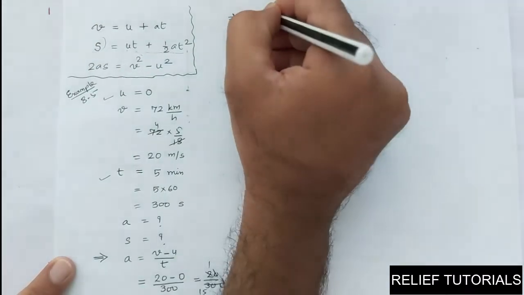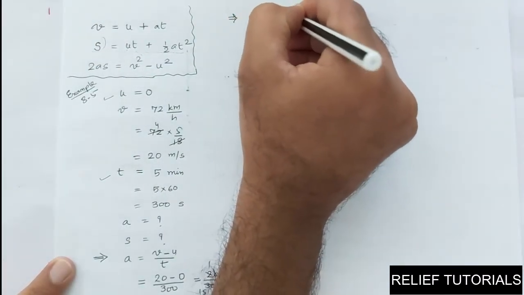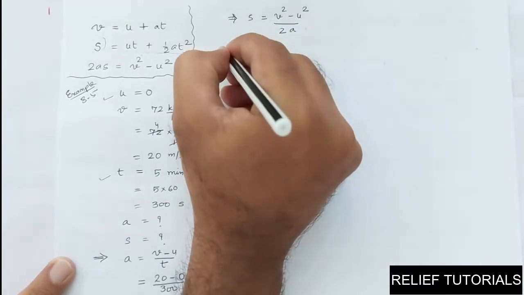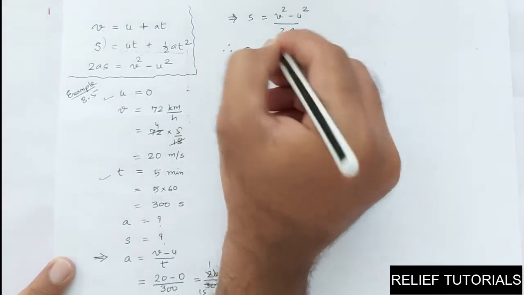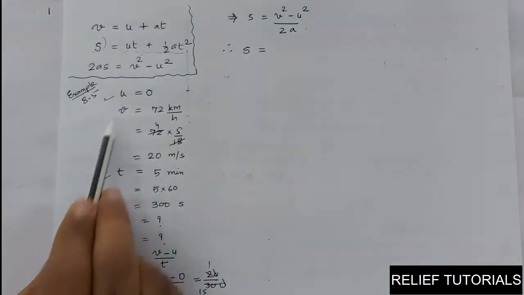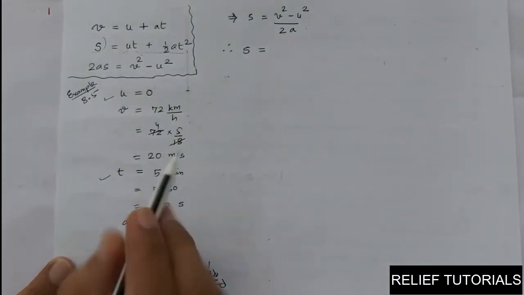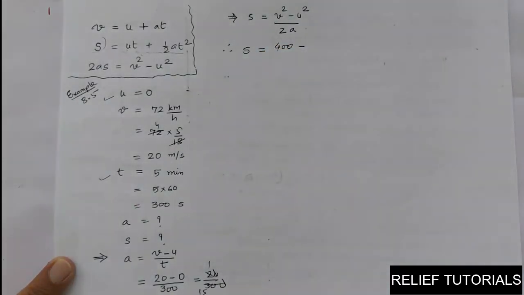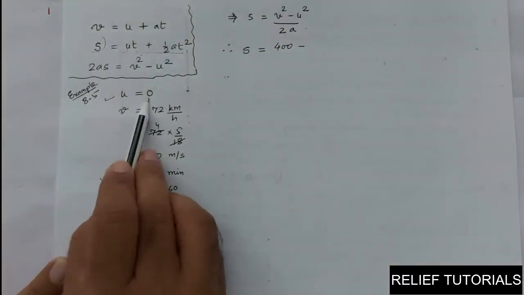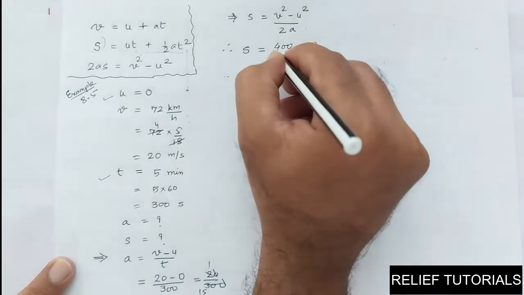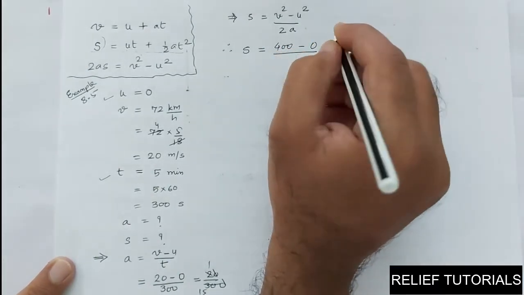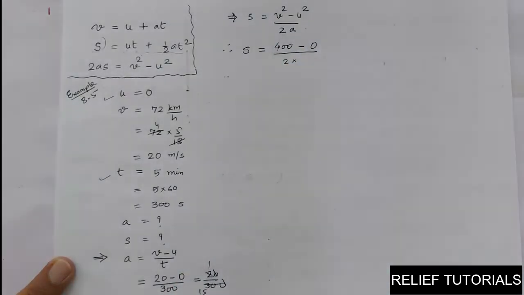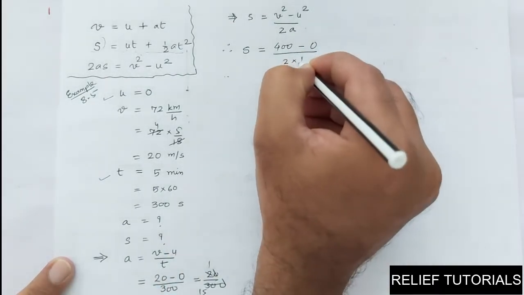So S is equal to v square minus u square by 2a. Put the values, therefore S is equal to v square. V square means 20 square, and 20 square means 400, minus u square is 0 square and 0 square is 0, divided by 2 into a. 2 into a, we found a as 1 by 15.